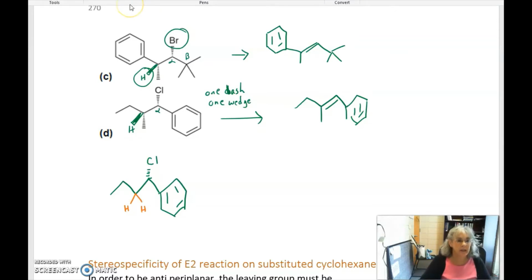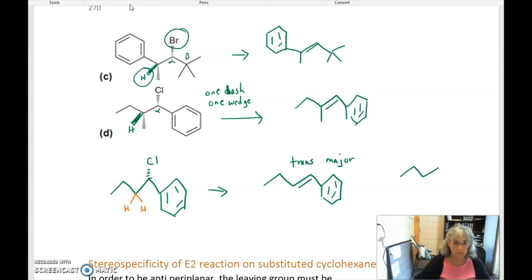And because of that, we will get 2 products. We'll get a product that looks like that, which is the trans, which is the major, and we'll get this product, which is the cis, and it's the minor.